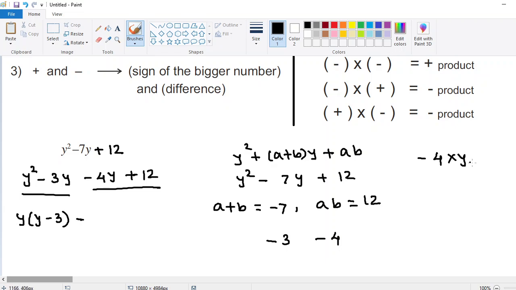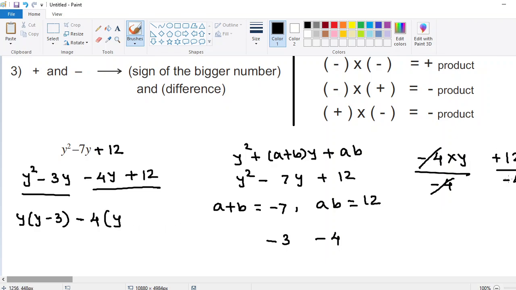Same thing we are going to perform for this. Minus 4 into y and plus 12. Minus 4 is taken common because 4 is a factor of 12, so we can take minus 4 common. And now divide both the numbers by minus 4. This minus 4 divided by minus 4 gives you 1 and we have this y.